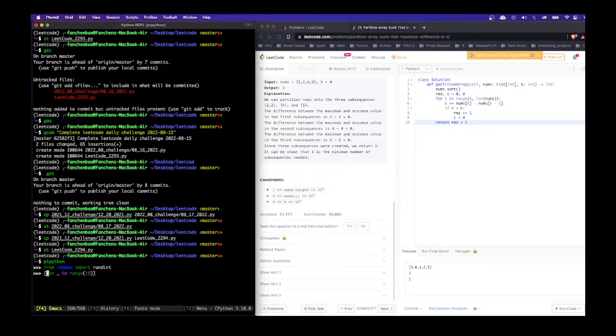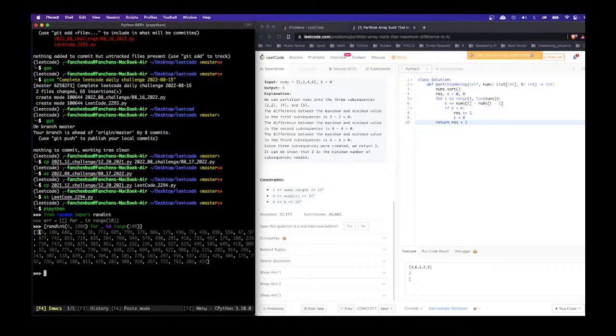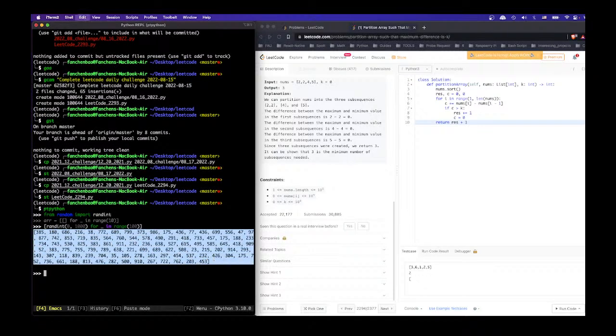Okay, and then for each test, let's do like 100 in length. How about that? And then randint from 1 to 10 to the 5th. I'll just do 1000. Okay, this is our 1000 values.